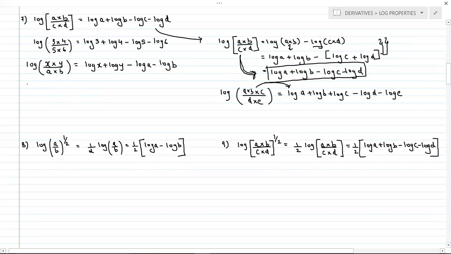Understood? Suppose in the numerator there are three terms, and in the denominator, let's check three terms. As I told, in the numerator, whether it contains single, double, or triple, any terms, when it gets converted, that multiplication will get converted into addition.